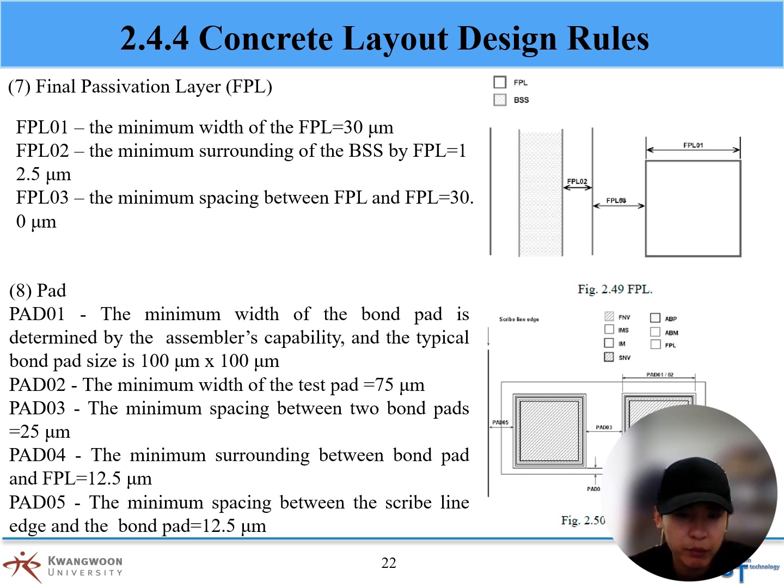The minimum spacing between two bond pads is 25 micrometer. The minimum surrounding between bond pad and FPL is 12.5 micrometer. The minimum spacing between the scribe line edge and the bond pad is 12.5 micrometer.